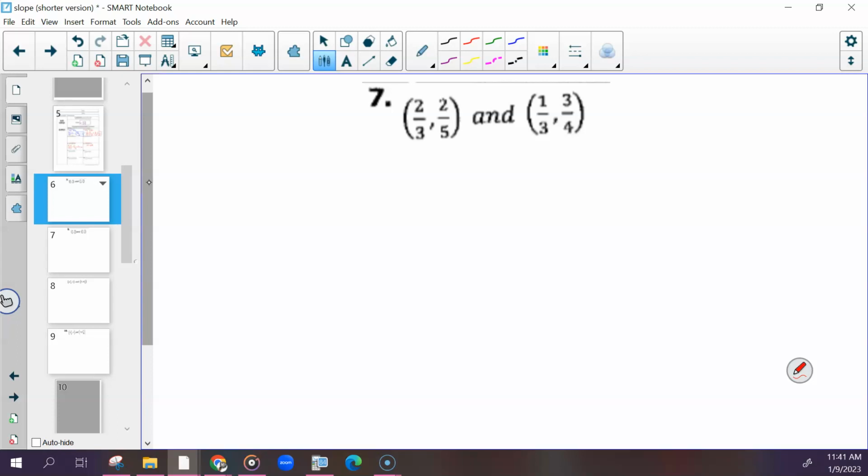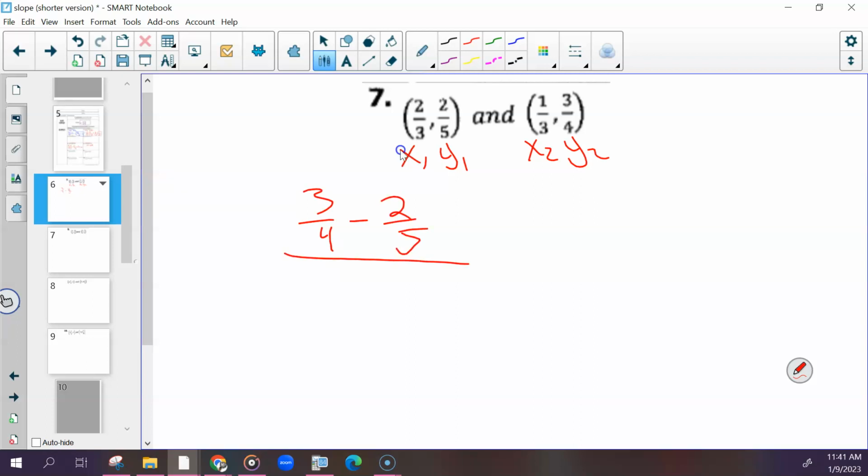There's just more things going on. So, I'm still going to label these x1, y1, x2, y2. Still going to put them in the formula the same way. So 3/4 minus 2/5 all over 1/3 minus 2/5.